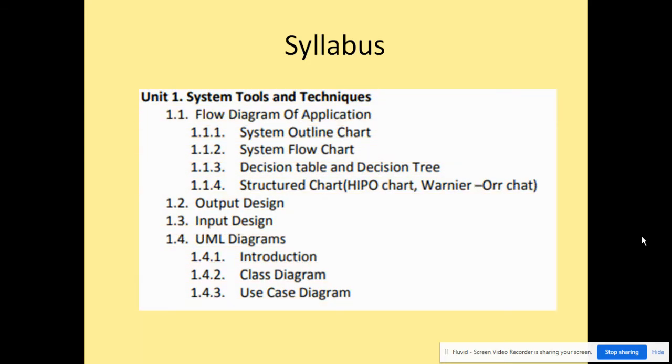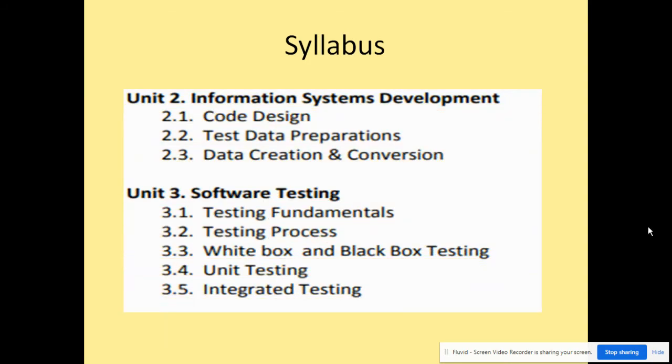Our syllabus has 5 different units. The first unit contains system tools and techniques, consisting of flow diagrams, input design, output design, and diagrams like UML. The second unit consists of information systems and development.